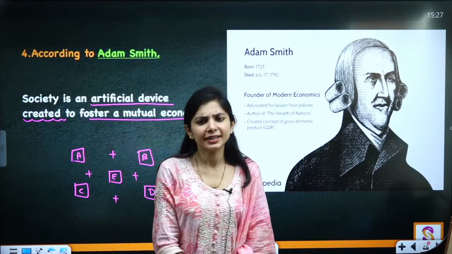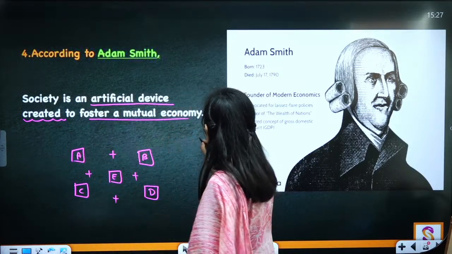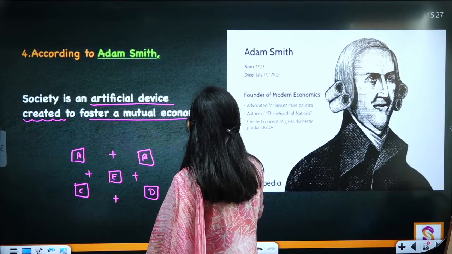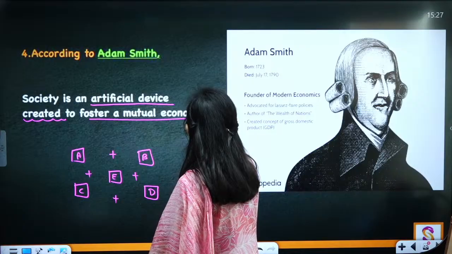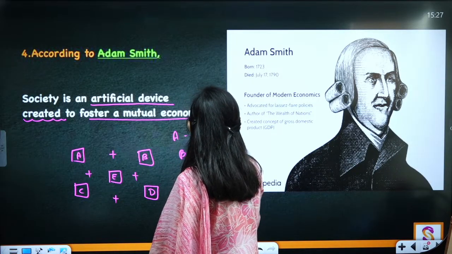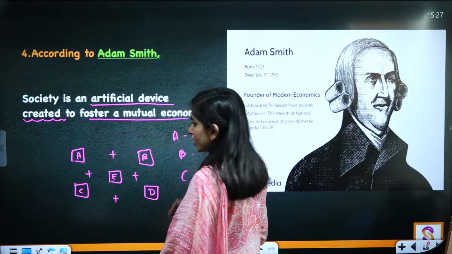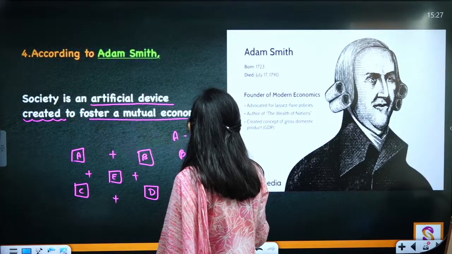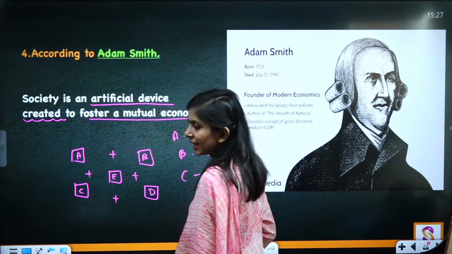Cooperation will show growth. Let us suppose A has machinery of 1 lakh, B has machinery of 50k, and C has a tube well or irrigation facility of 2 lakh. In the same way, D and E have their own.